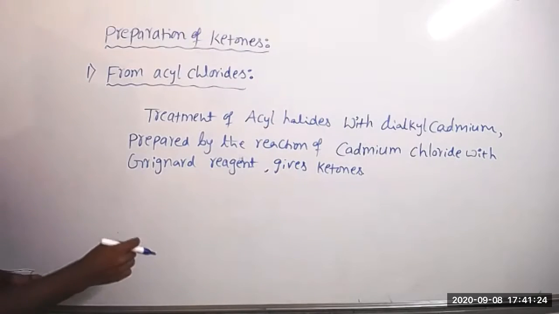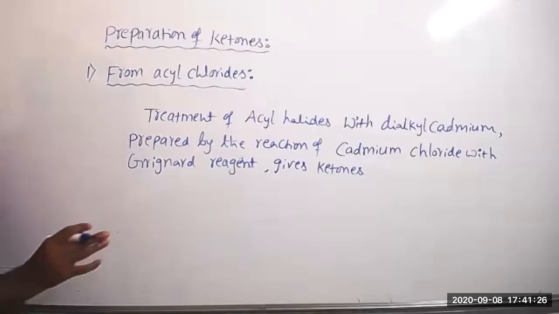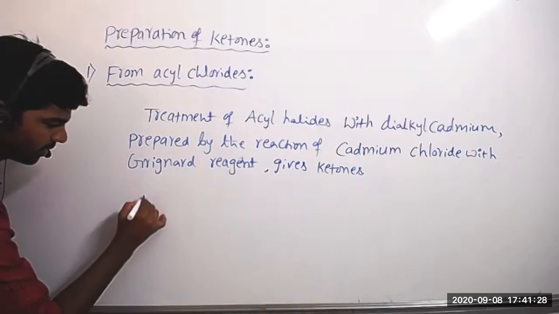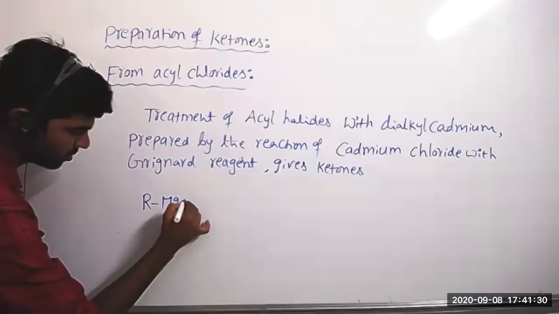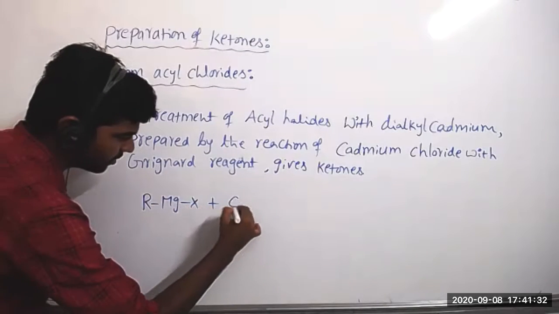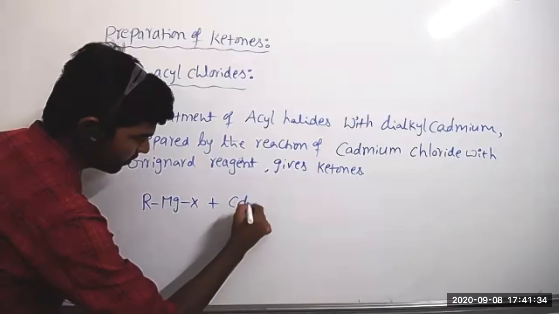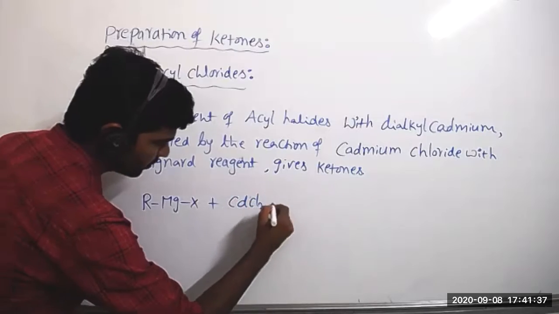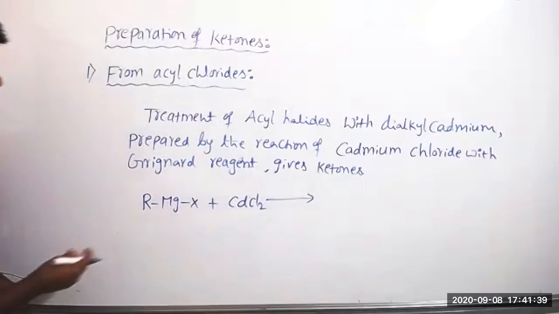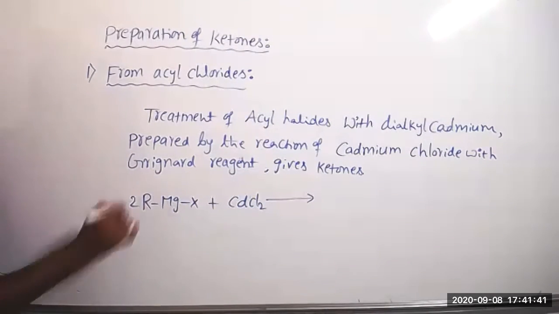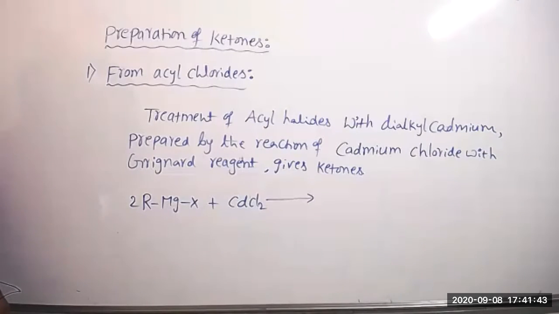So first we are preparing dialkyl cadmium. That is prepared by Grignard reagent reacting with cadmium chloride. Here a double displacement reaction takes place. Take 2 moles of Grignard reagent.